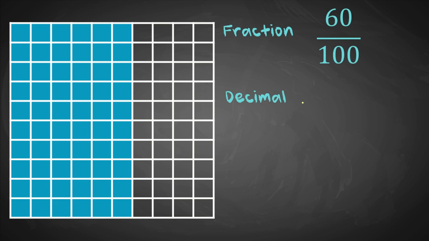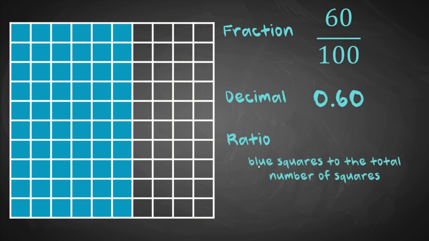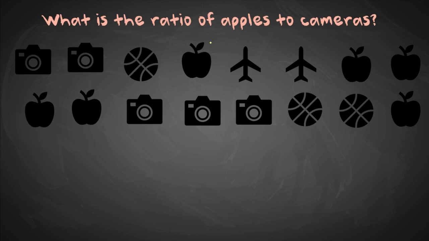In decimal form, 0.60 or it is read as 60 hundredths. And in ratio form, kung ang pinag-uusapan natin ay yung blue squares to the total number of squares, we have 60:100.